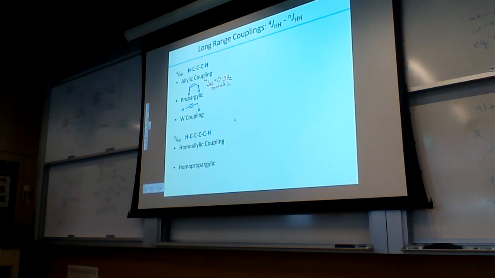They do not always occur. They sometimes occur, but they don't always. The propargylic are more common. We'll get to why in a second. And they have a coupling of 2 to 4 hertz, and they are typically seen.